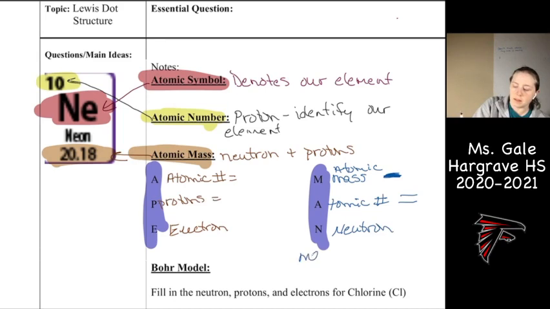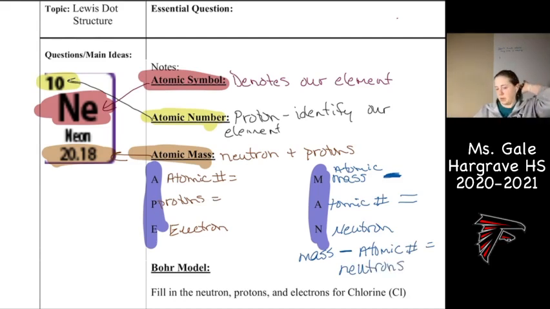So mass minus atomic number equals neutrons. Okay? Now that we have that, if you see a periodic table, you see an element tile, the atomic number is on top, and it's the atomic symbol, the mass of the atomic element, and then the name, or those two, the mass and the name, can be flip-flopped.